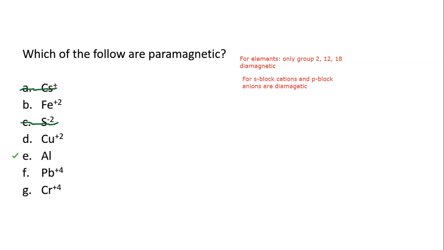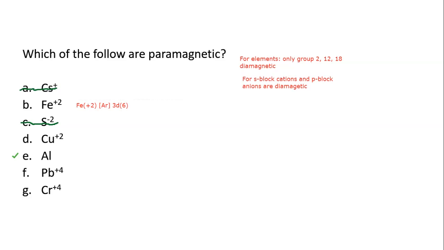So for iron 2 plus, its electron configuration is argon 3d6. So does 3d6 have lone electrons?